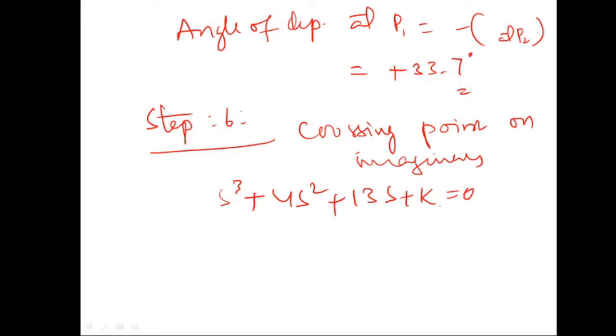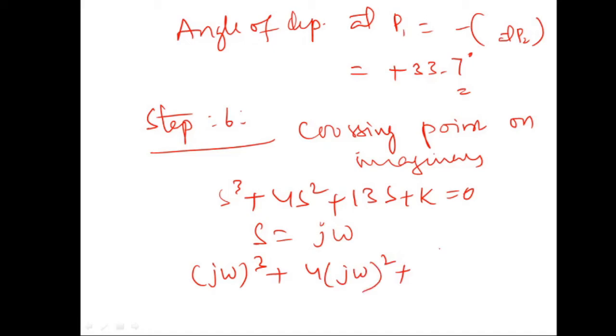From this, the best way of finding the crossover is to substitute s equal to j omega. We get (j omega) whole cube plus 4 (j omega) whole square plus 13 j omega plus k equal to 0.